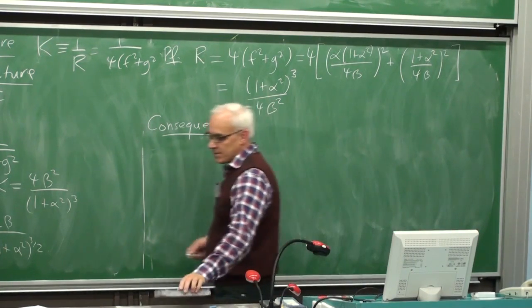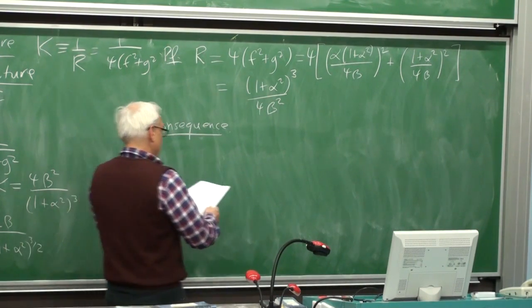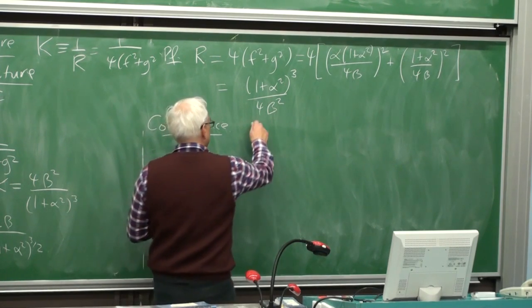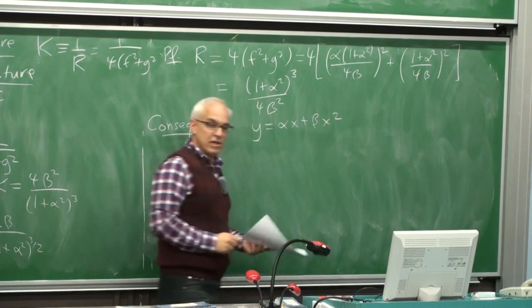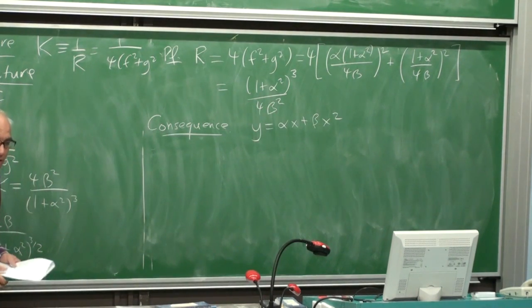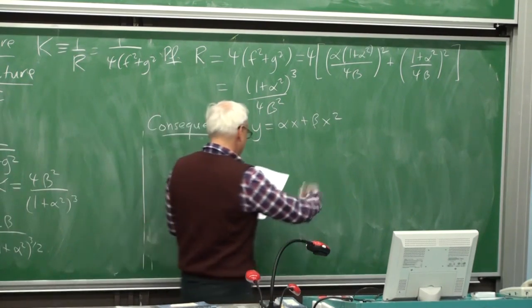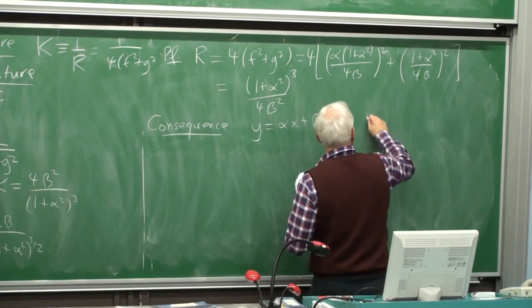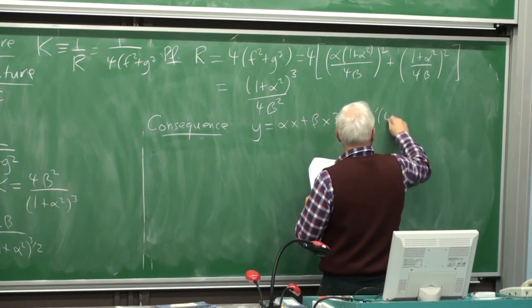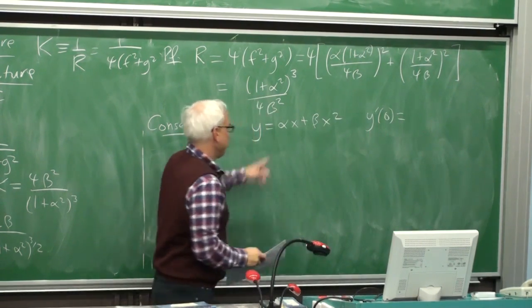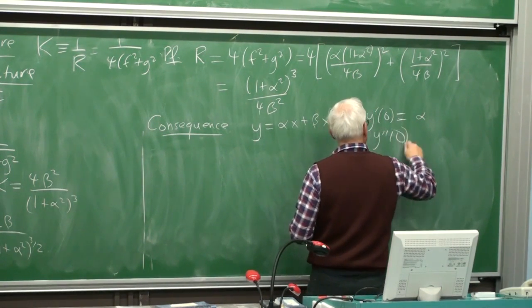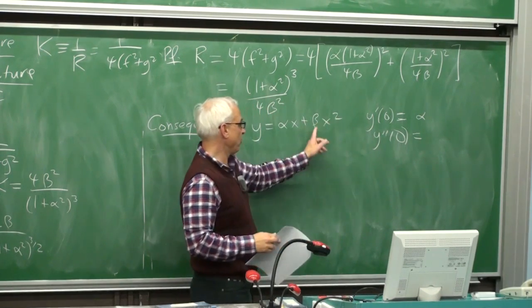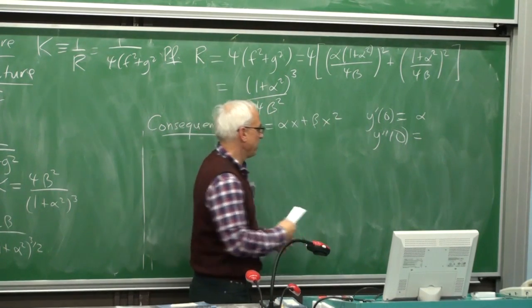So the formula is that if we just think about alpha x plus beta x squared, and let's suppose that we do know a little bit of calculus for a second, then we know that as a function of x, y prime at 0 is just alpha. And y double prime of 0 is, well, you differentiate twice, you get the 2 coming down, and then you get 2 beta.